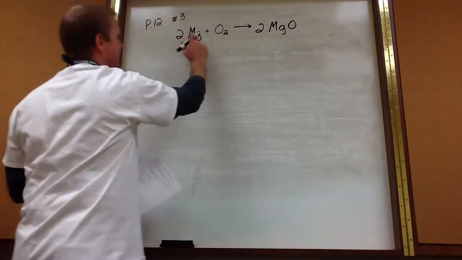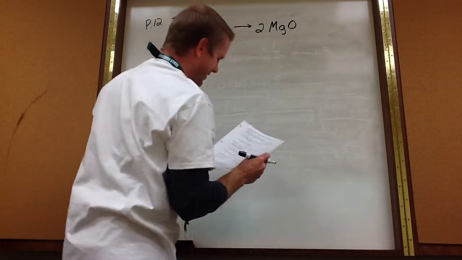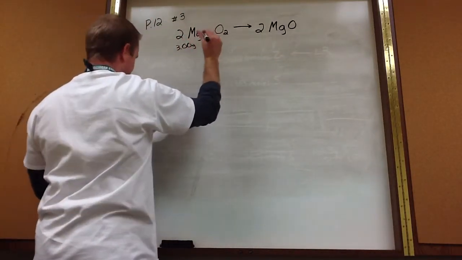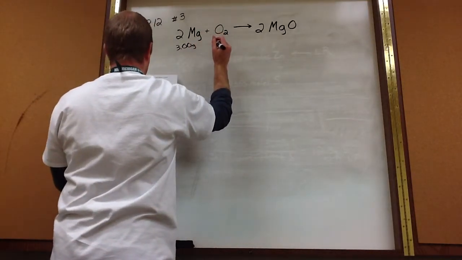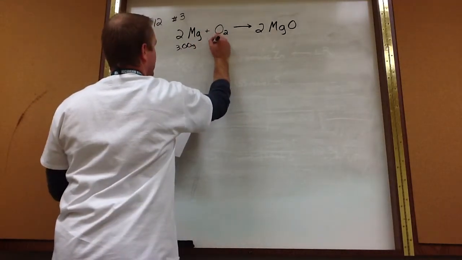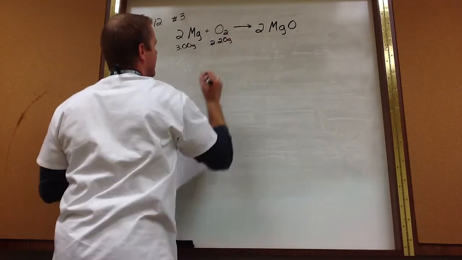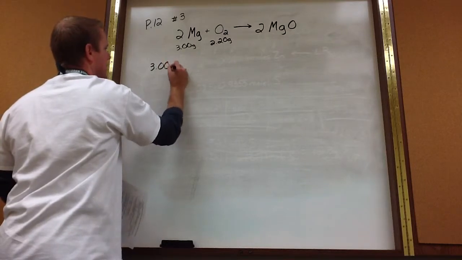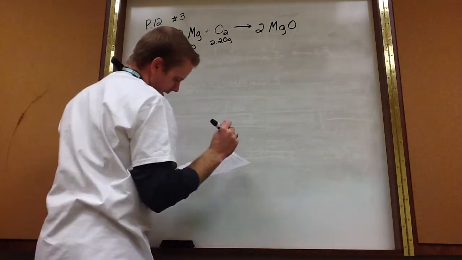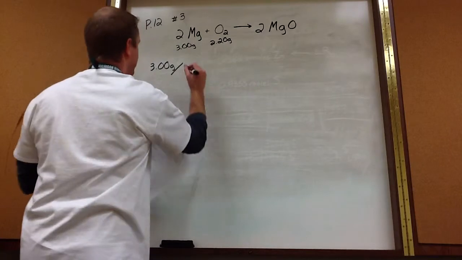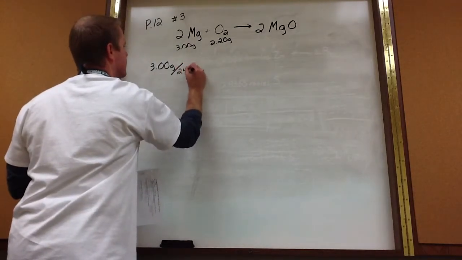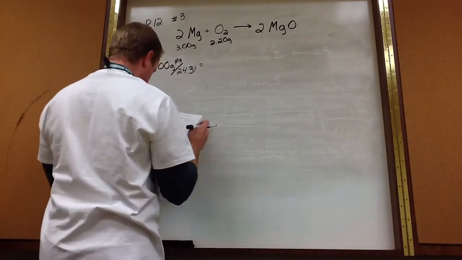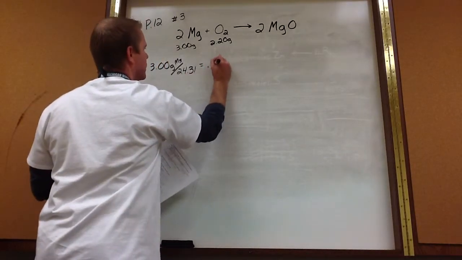Now, which of them is in excess if we have 3.00 grams of this and 2.20 grams of this? Which one is in excess? Well, here we go. 3.00 grams divided by the molar mass of magnesium, 24.31, Mg, and you get that number, which is equal to 0.1234.